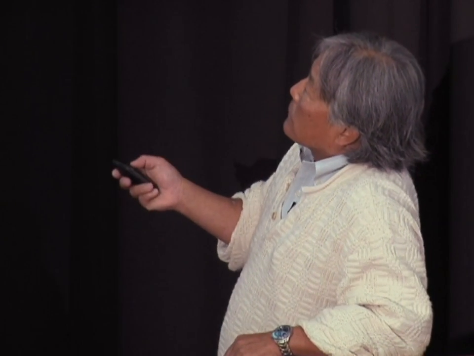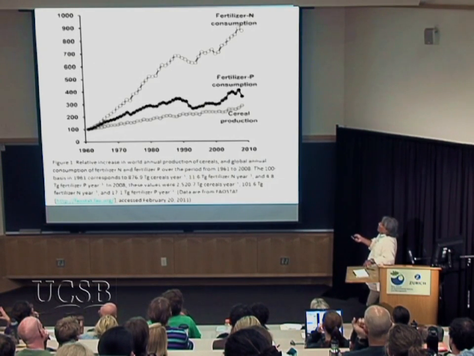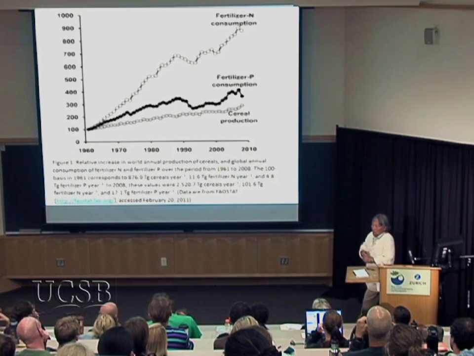And as I indicated, the use of nitrogen and also phosphorus is really important, and you see that it contributes to the increase in cereal production globally. However, what we're seeing, especially in many of the developed countries and emerging economies, is that the overuse of nitrogen really hasn't been beneficial for crop production.